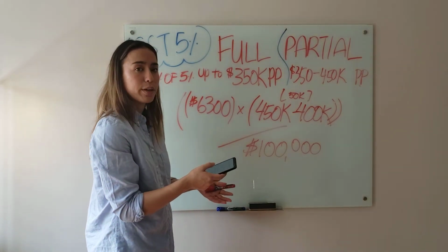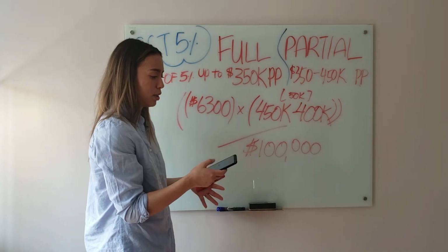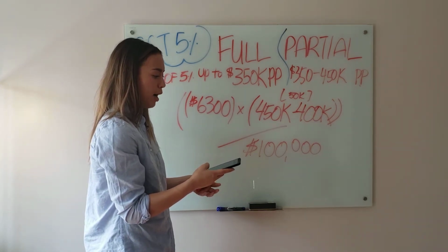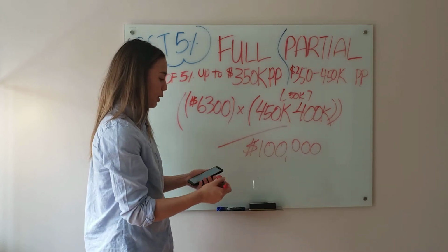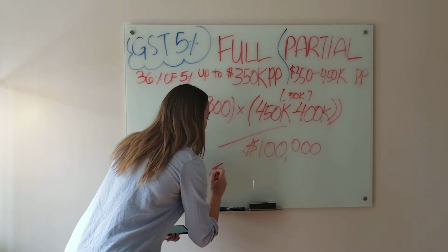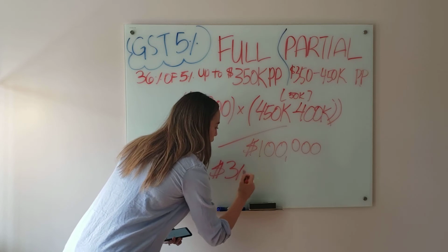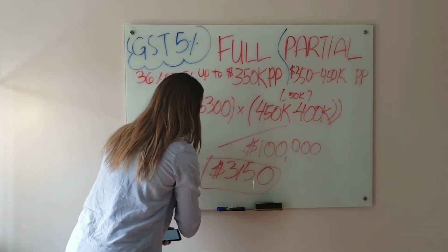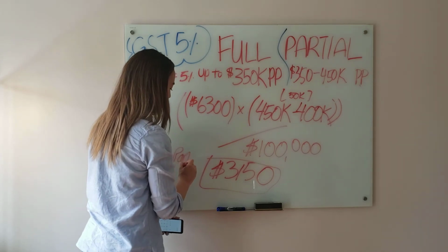So 6,300 times $50,000, and then you divide that number by $100,000, and you get a rebate of $3,150. So this is your partial rebate.